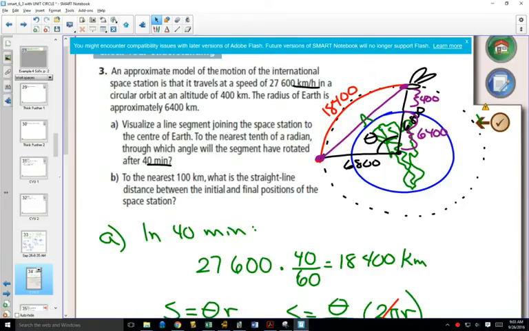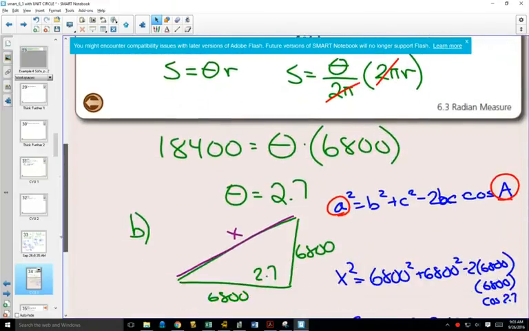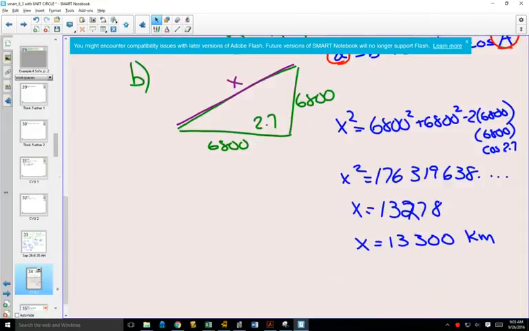And it's traveling pretty fast as it is already. The answer to B is 13,300 kilometers. So if you really, really enjoyed that word problem, there are two more that you can practice.